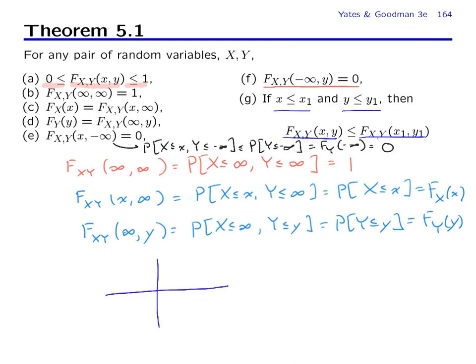Imagine we have a pair x and y, and now we choose another pair, x1 and y1, where x is less than x1 and y is less than y1. What this property is saying is that the probability you're in this box with upper right corner x and y is less than or equal to the probability you're in the bigger box with upper right corner x1 and y1.